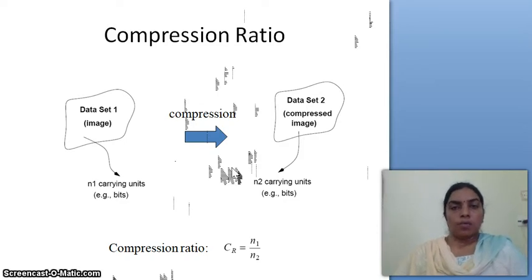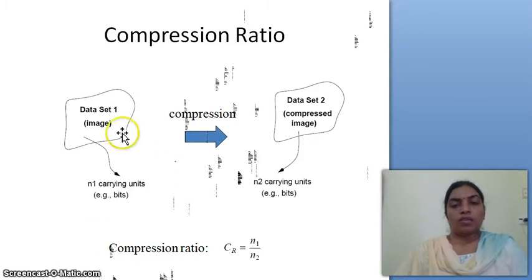How much compression we can do for this image, we can observe easily. Now say this data set 1, that means the image. This is the compression technique. Just apply some compression technique on image 1, and we get the output image, that is a compressed image.